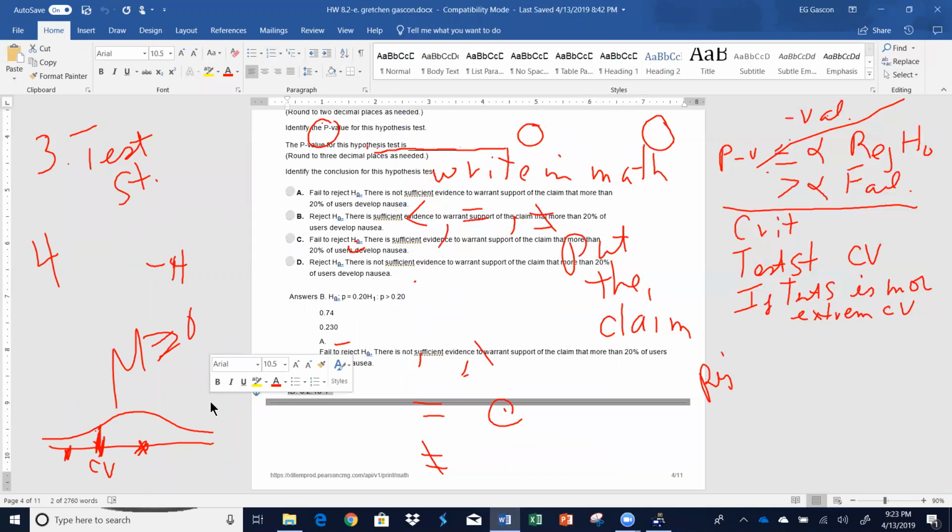So I follow the path down through the outline, okay? And it says, if you put the claim in the alternative and you failed to reject the null hypothesis, that means that you didn't prove your claim. So the answer is A. There's not sufficient evidence to warrant support of the claim that it is more than 20%.